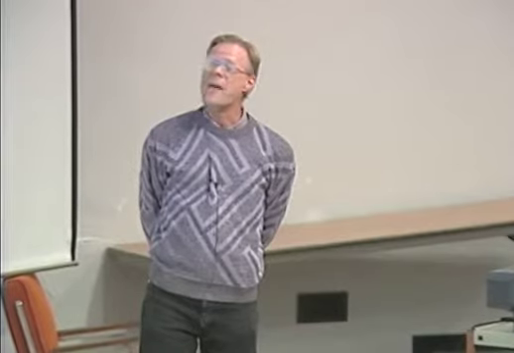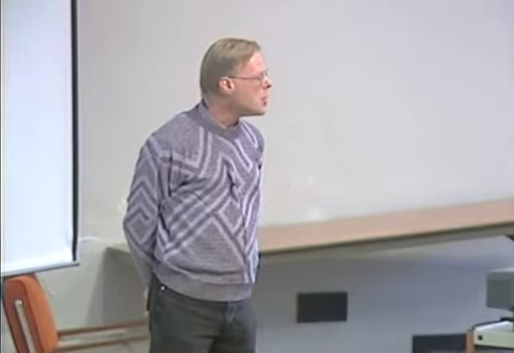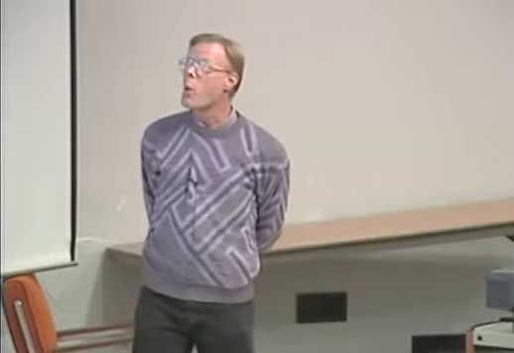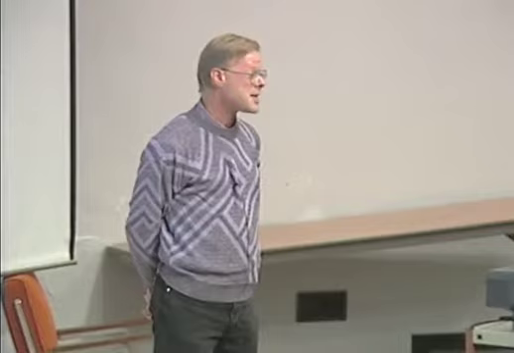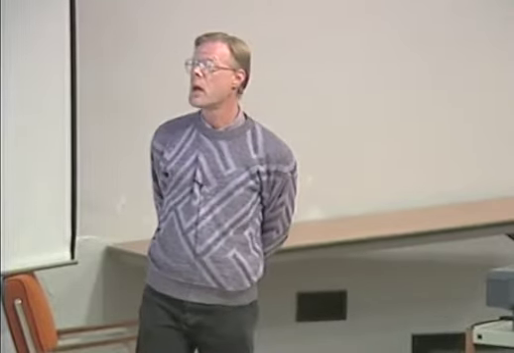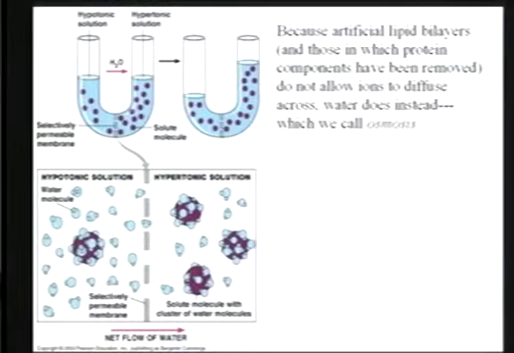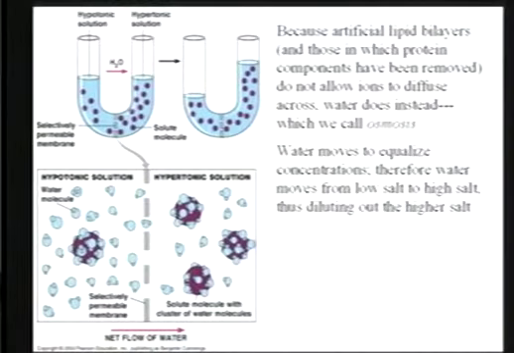So if you have a barrier that water can get through but salts can't, the water will move to equalize the concentrations of salts. So water then moves from low salt to high salt. Water moves from low salt to high salt, or from a hypotonic solution to a hypertonic solution. Basically what it's doing is diluting out the high salt.